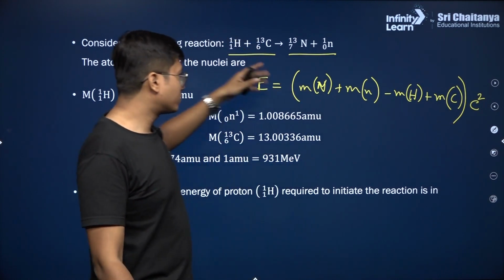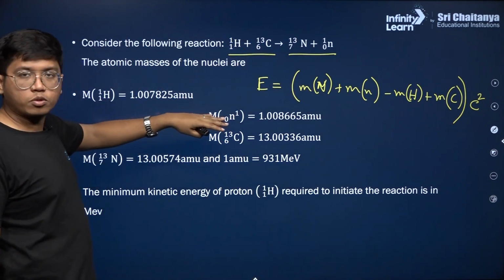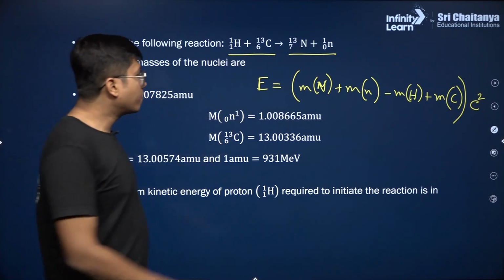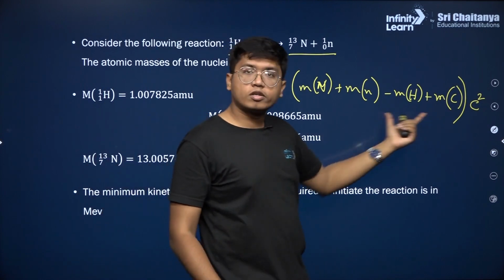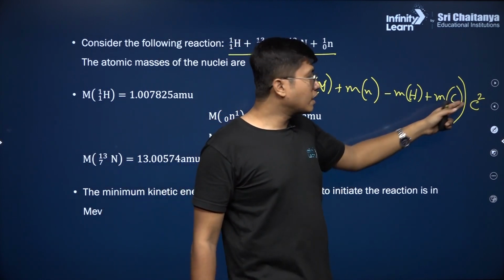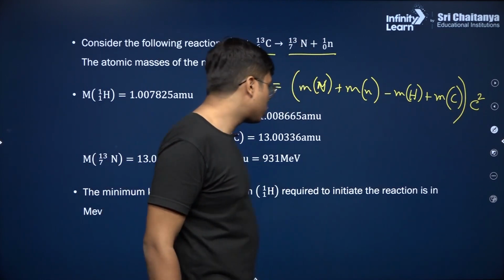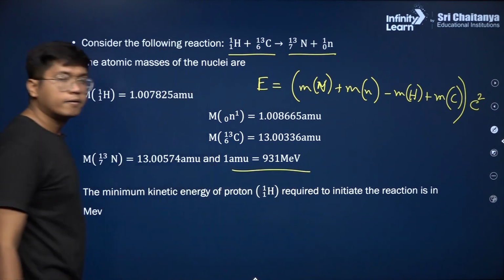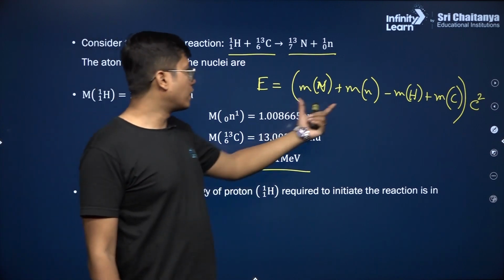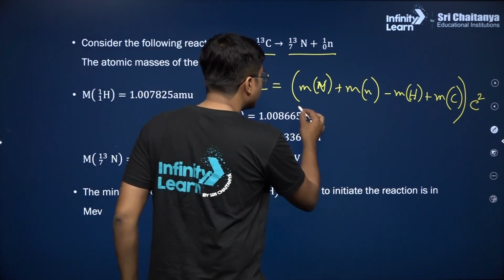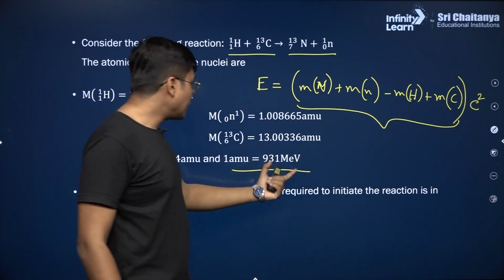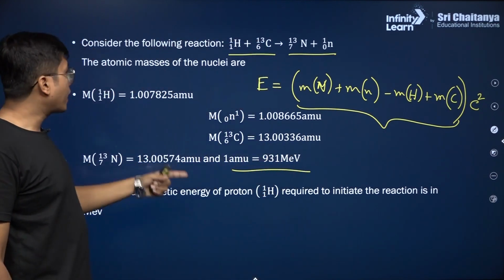I'm not going into the calculation here. All the values are given to you. Put in the values, you'll get some atomic mass unit from here. 1 atomic mass unit into c square gives you 931 mega electron volts, right? So once you have this quantity, don't worry about c square, multiply with 931 mega electron volts, and you will get the answer.